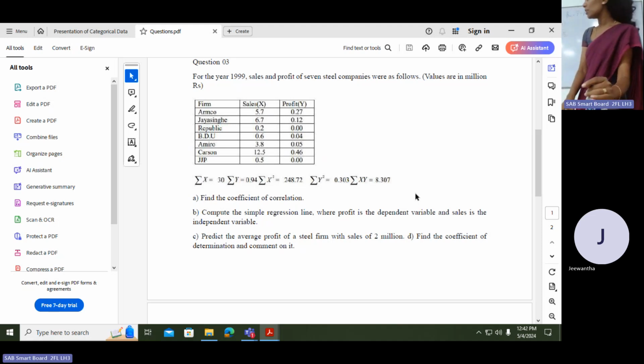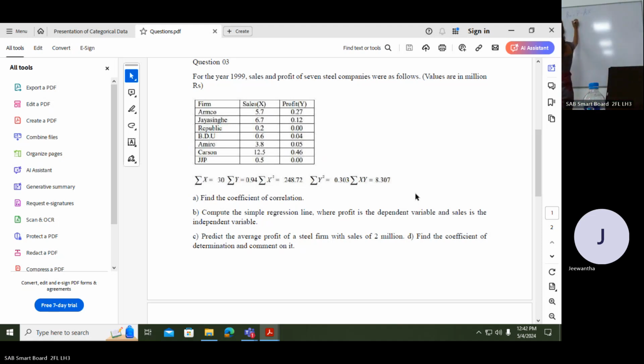Okay, then we can find beta naught. By 0.94 over 7 minus 0.0356 x bar.